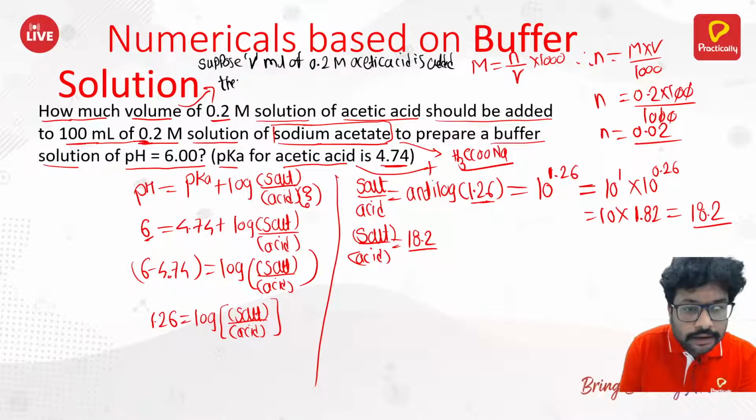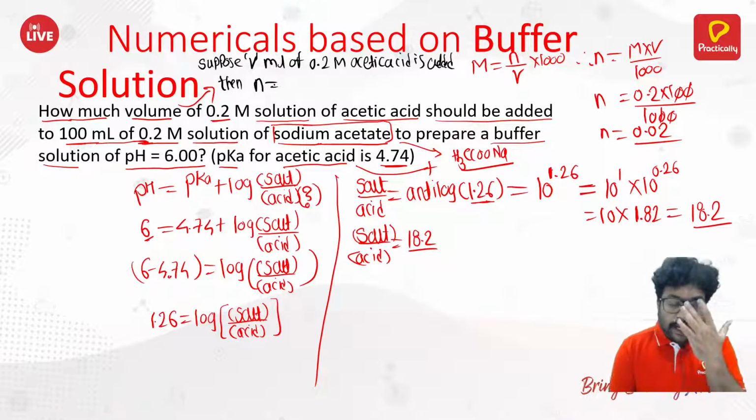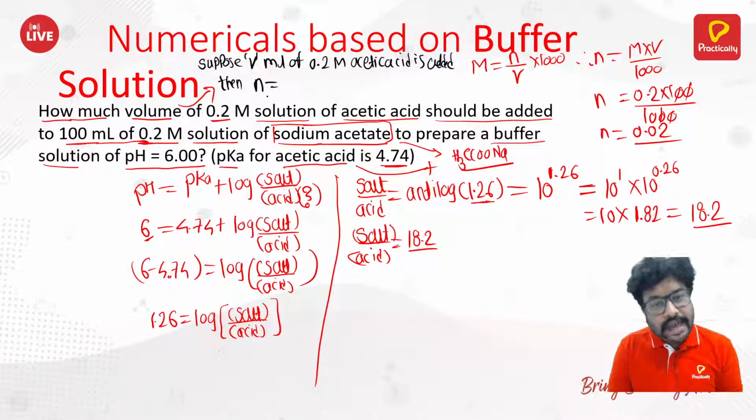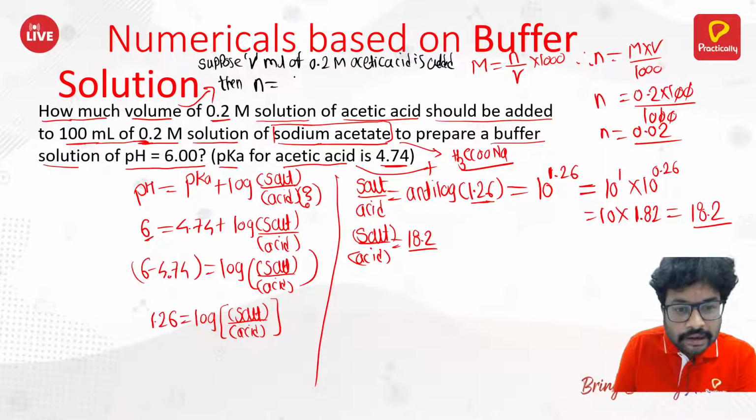Then its number of moles will again be molarity multiplied by V ml divided by 1000. Just like that, molarity is 0.2 multiplied by V divided by 1000.